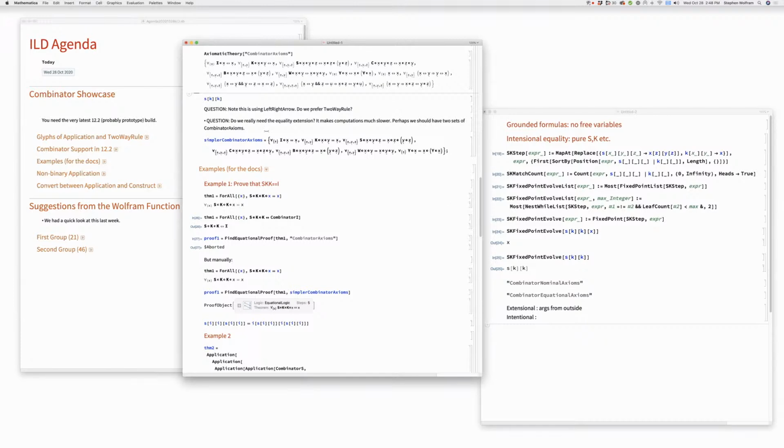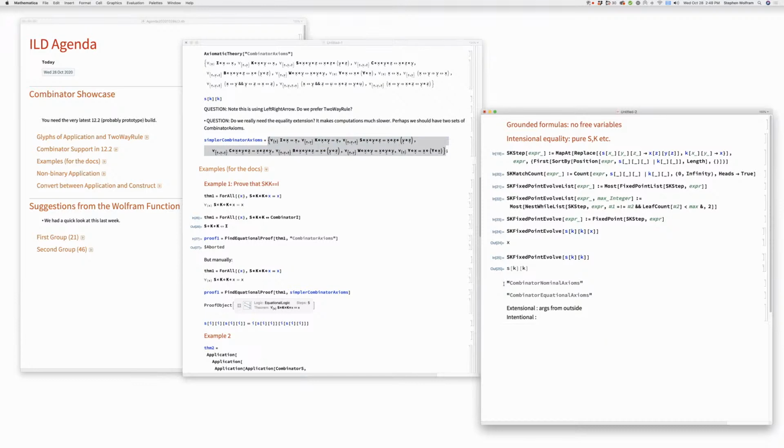So in other words, we'd support this form here. Yeah, exactly. So maybe we support that form and call it something like combinator nominal axioms. Is that even correct? Or do we just call it combinator axioms? I think we could just call them combinator axioms.